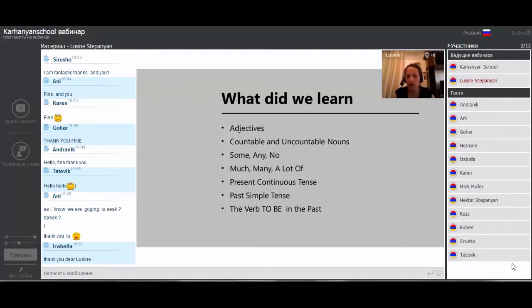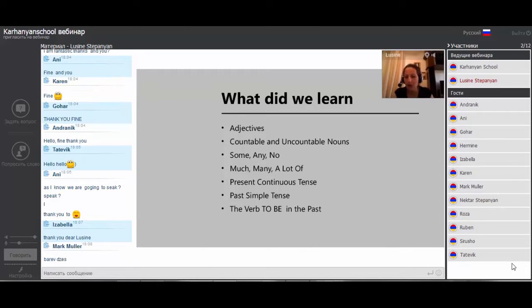We also learned adjectives and comparatives, for example big, bigger, the biggest, or beautiful, more beautiful, the most beautiful. Countable and uncountable nouns: with chair you can say one chair, two chairs, but with coffee you cannot. We learned some, any, no, much, many, a lot. We learned present continuous tense.